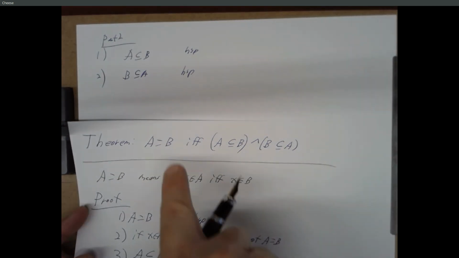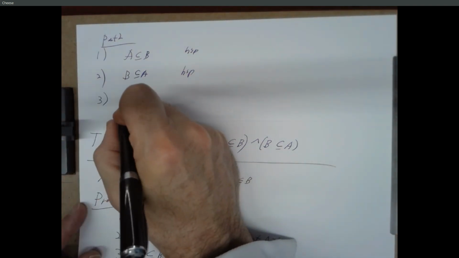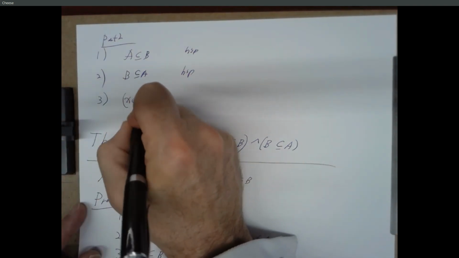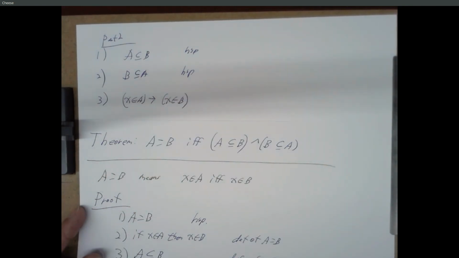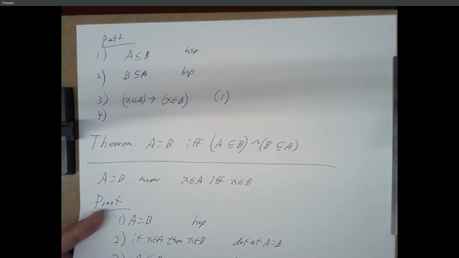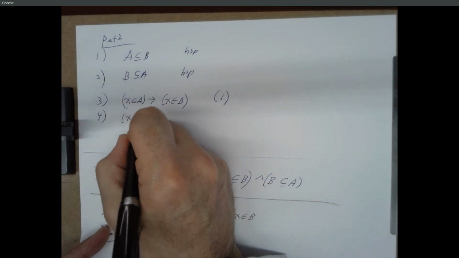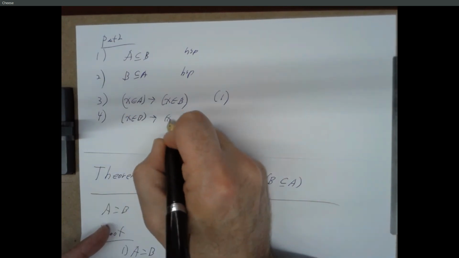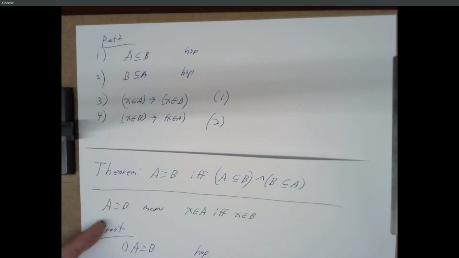If A is a subset of B, that means if X is in A, then X is in B. That's from step 1. If B is a subset of A, that means if X is in B, then X is in A. That's the definition of subset.